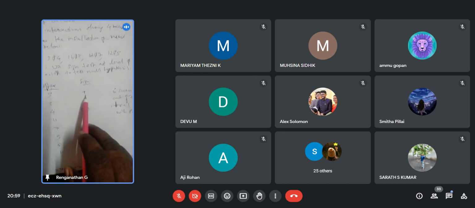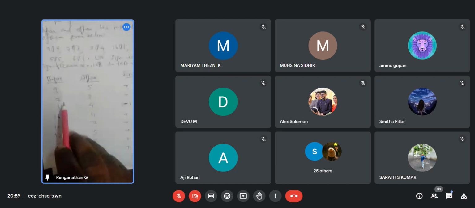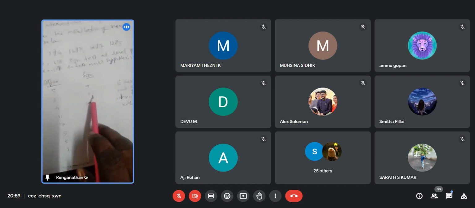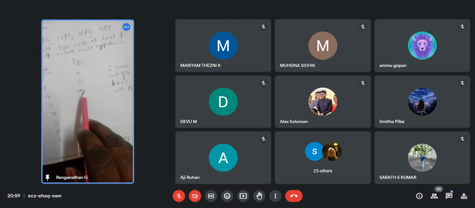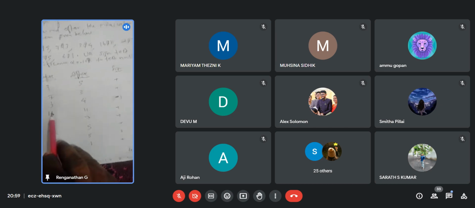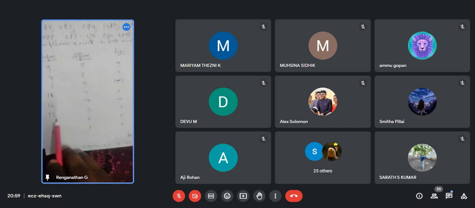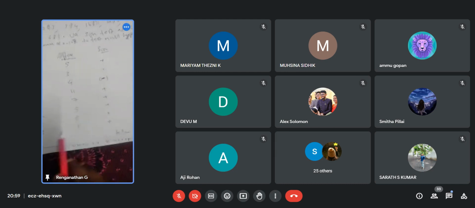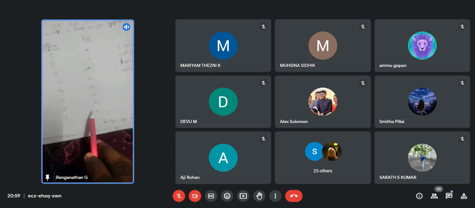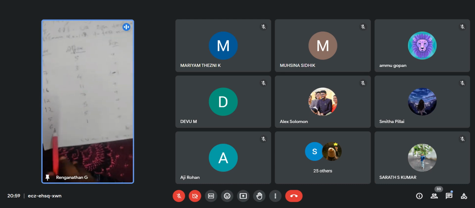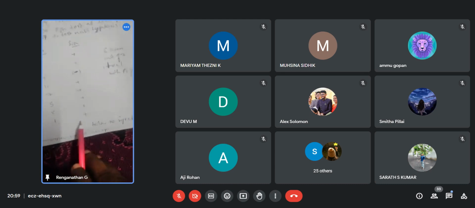So I put a positive sign here. Then 7 minus 3, again positive. Then 3 minus 4, it's negative. Then 16 minus 11, positive. 12 minus 7, positive. 12 minus 5, positive. 5 and 5, there is no sign. And 6 minus 1, positive.